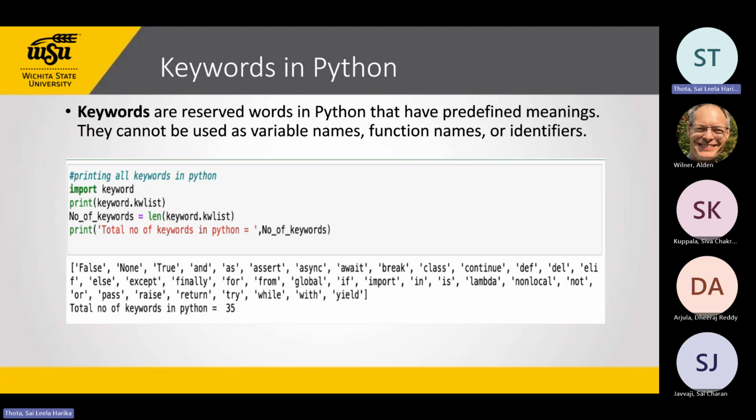If you observe the keywords, we have try, finally, which we discussed just now. And there are a total of 35 keywords in Python. When we discuss variables, always make sure you do not use any keyword as a variable name.